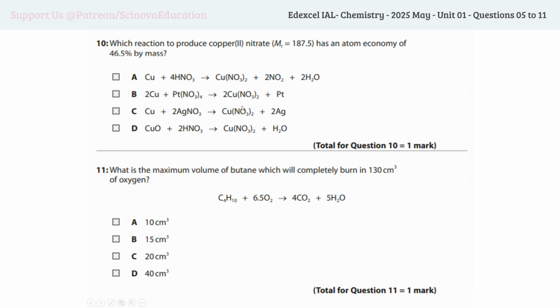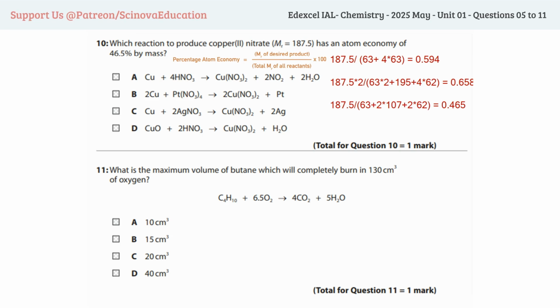You have to calculate each and every one's atom economy separately using the formula. At the end, you will see that option C, that is copper plus 2 silver nitrate, gives copper nitrate plus 2 silver, with a percentage atom economy of 46.5. So the answer is option C.